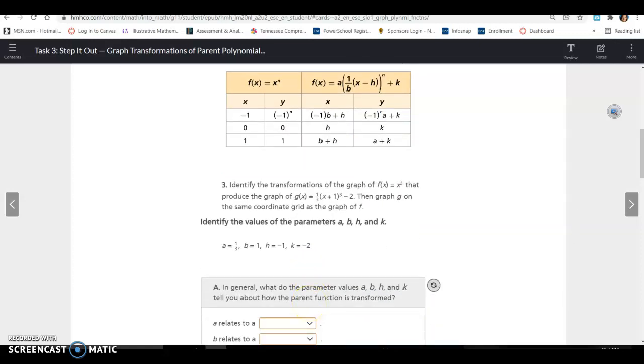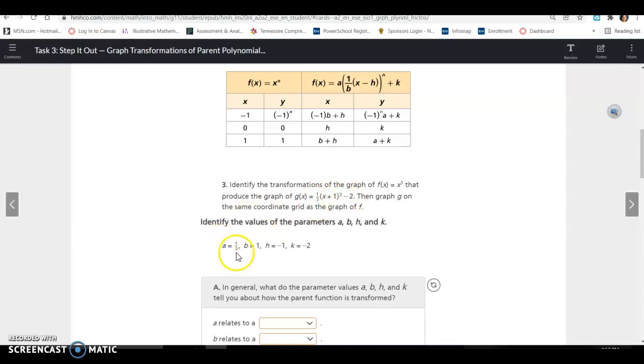So it says identify the transformations of the graph f of x equals x cubed that produce the graph of g of x. Then graph g on the same coordinate grid as the graph of f. Alright, so you can see that they've added the 1/3, x plus 1 cubed minus 2. So there's no b, but there's an a, and there's an h and a k.